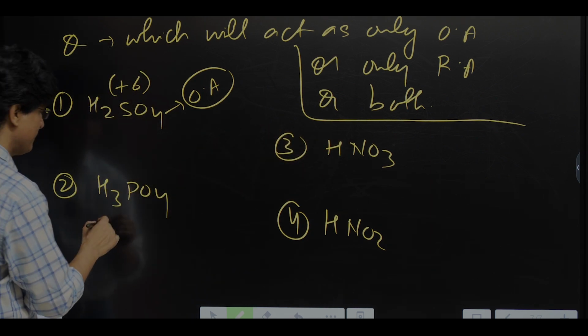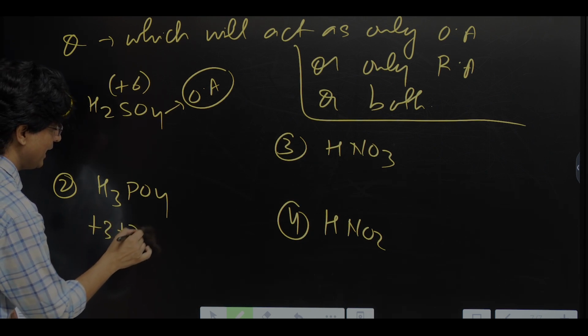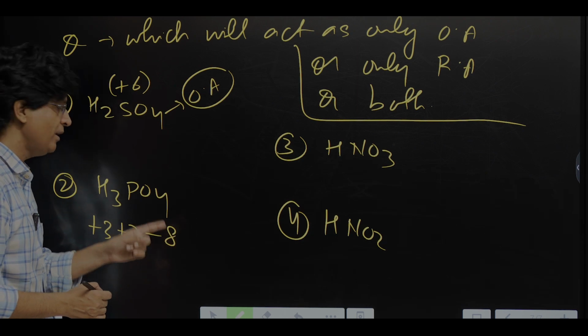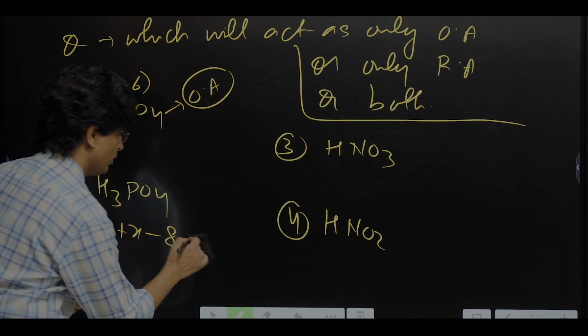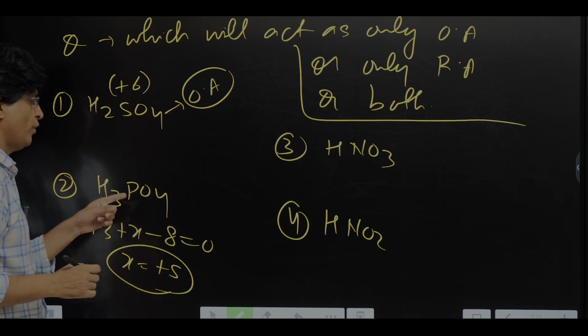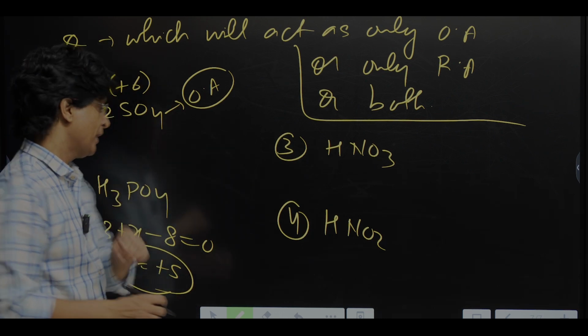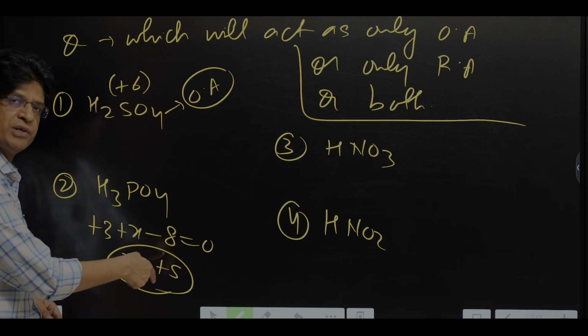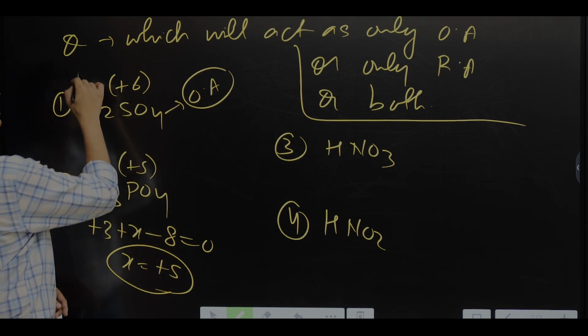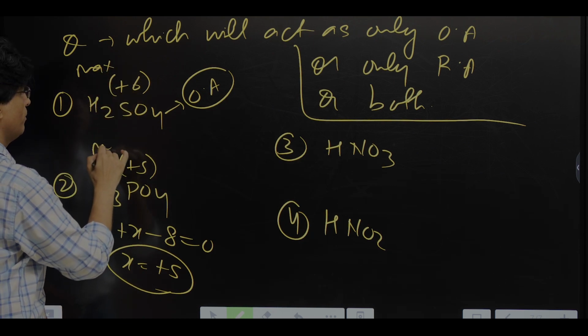H3PO4, if you see that, +3, X, and oxygen -8. Each oxygen is -2 in general, there are 4. -8, equal to what? 0. So X equals what? +5. If you remember that phosphorus belongs to the nitrogen group, the maximum possible oxidation state of phosphorus will be +5. This is maximum and this is also maximum.